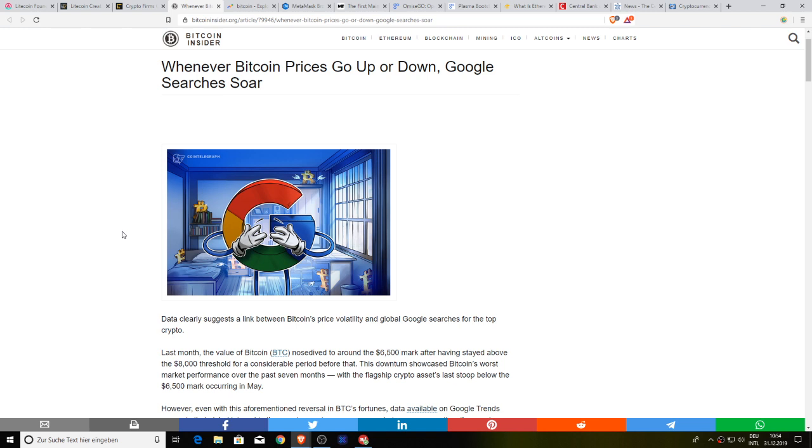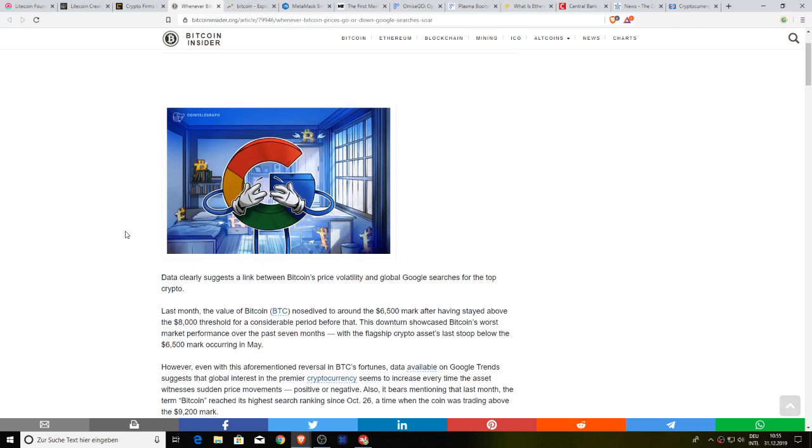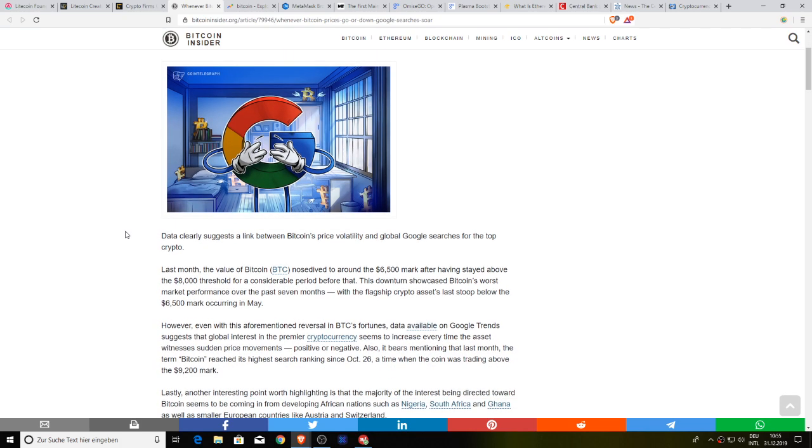This downturn showcased Bitcoin's worst market performance over the past 7 months, with the flagship crypto's last stop below the 6,500 mark occurring in May. However, even with this reversal, data available on Google Trends suggests that global interest in the premier cryptocurrency seems to increase every time the asset witnesses sudden price movements, whether they be up or down.